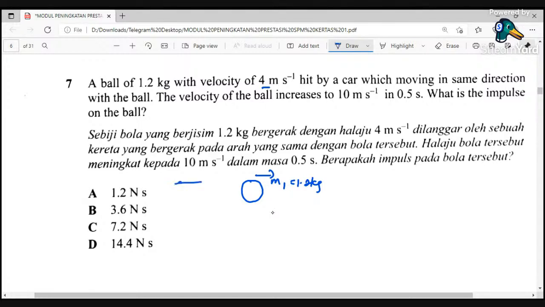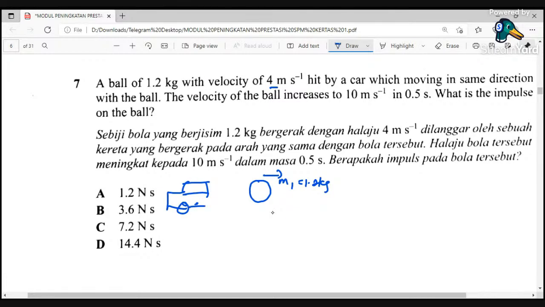So this is a car. Okay, hit by the car, moving in the same direction as the ball.